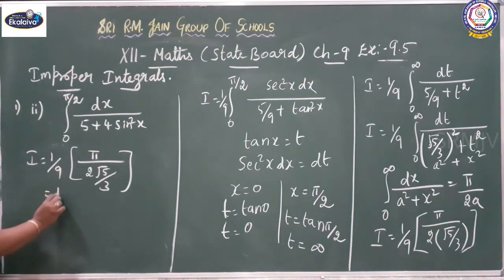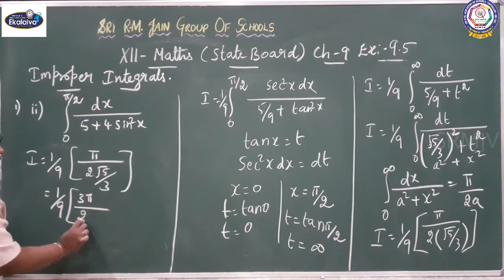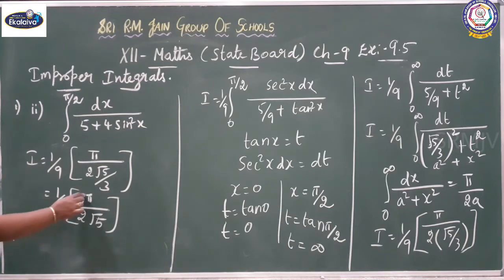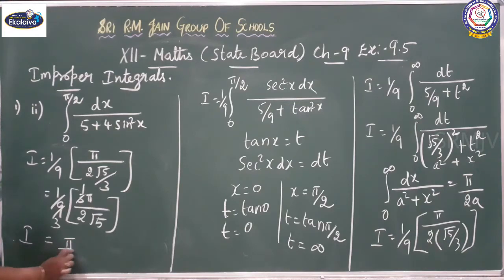Reciprocal this value: 1 by 9 into 3 pi by 2 root 5. 3 ones are 3, 3 nines are 9. So, what is the answer for this? Integral 0 to pi by 2 dx by 5 plus 4 sin square x is pi by 6 root 5.